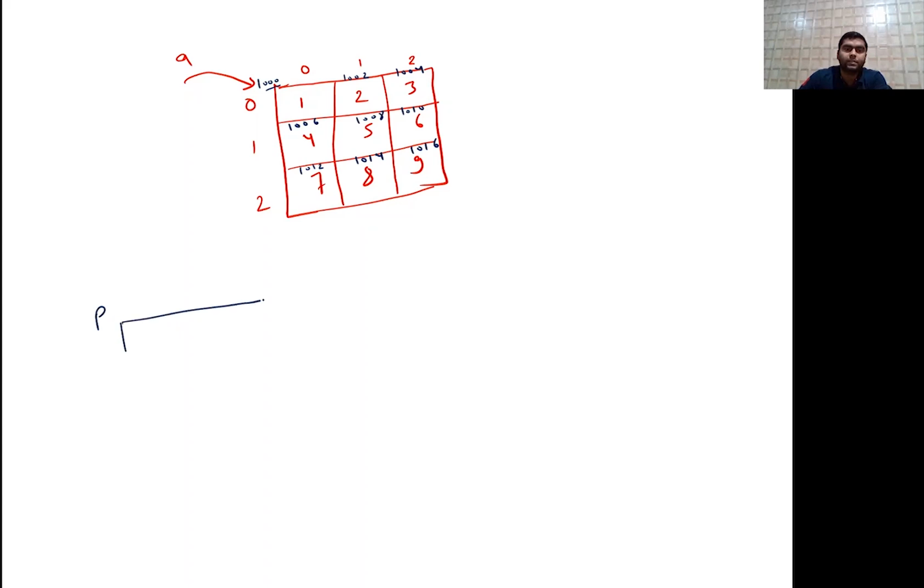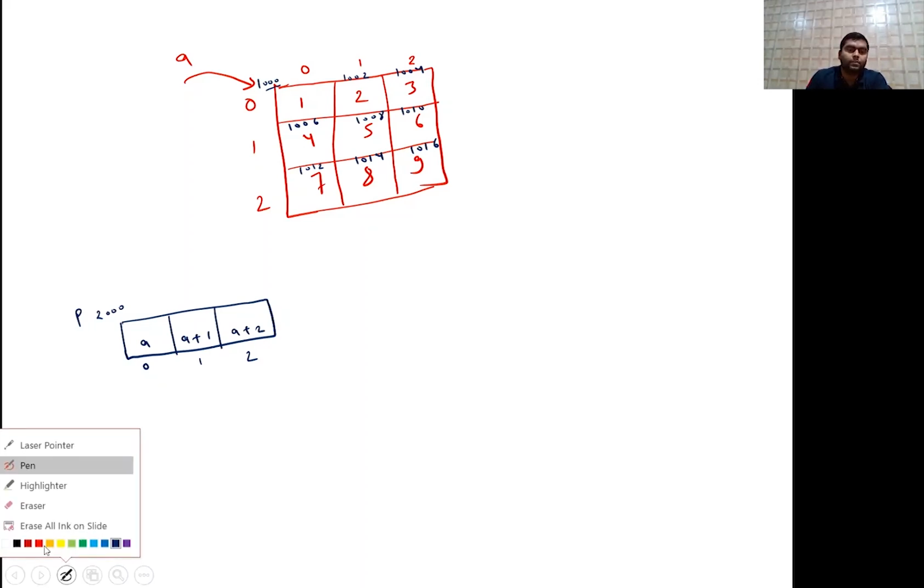So P is an array which has 3 values, and each value is a pointer. Let us suppose it is stored somewhere in memory, for example at 2000, indexed 0 1 2. It holds a, a plus 1, and a plus 2. What is a in our case? 1000.